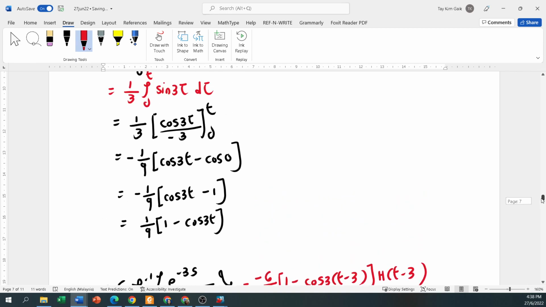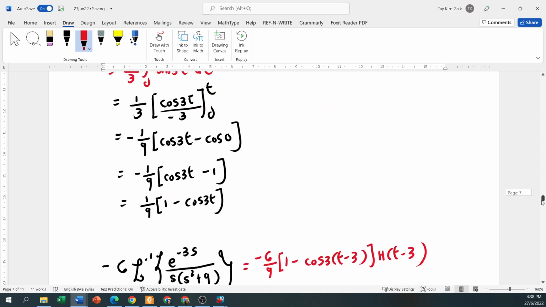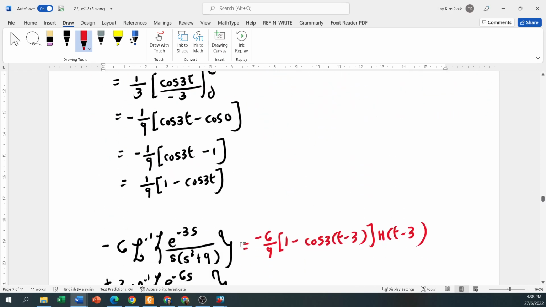Negative 6 times the inverse Laplace of e to the negative 3s F(s) gives negative 6 f(t minus 3) h(t minus 3), where f(t) is here, multiplied by negative 6, and t changed to t minus 3, multiplied by h(t minus 3).